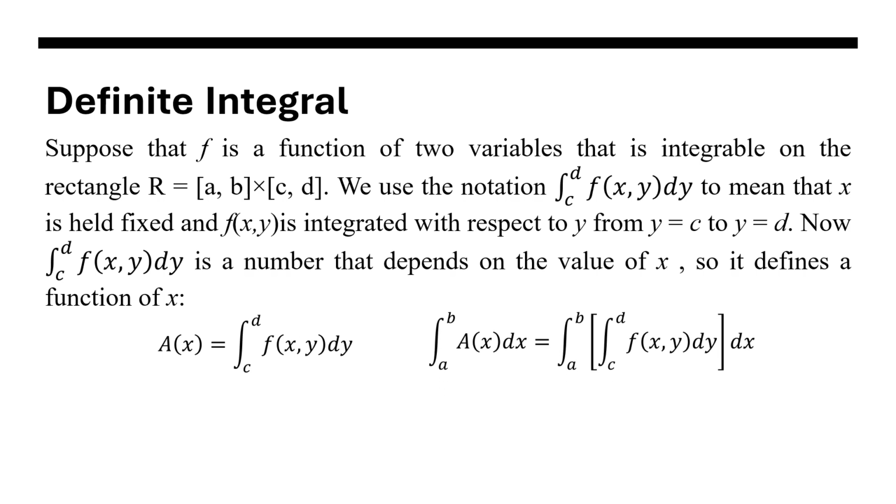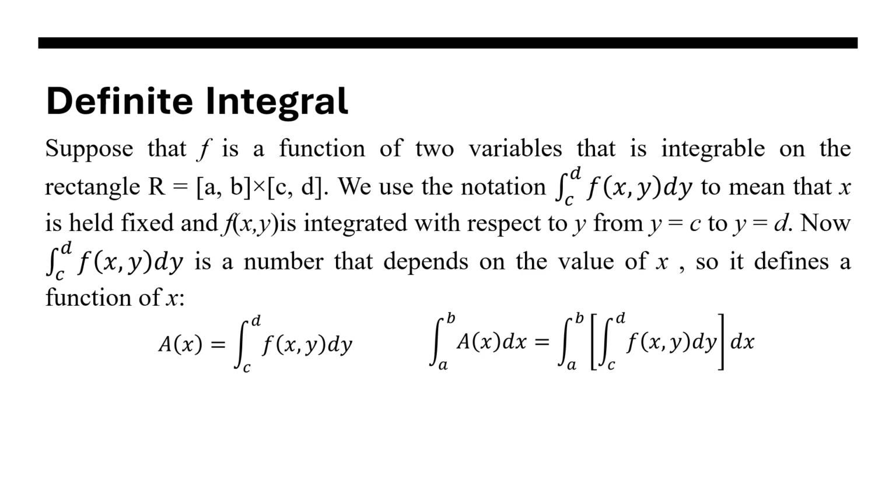So you have the definite integral of a of x dx from a to b, which is equal to the definite integral from a to b of the definite integral of f of xy dy from c to d dx.